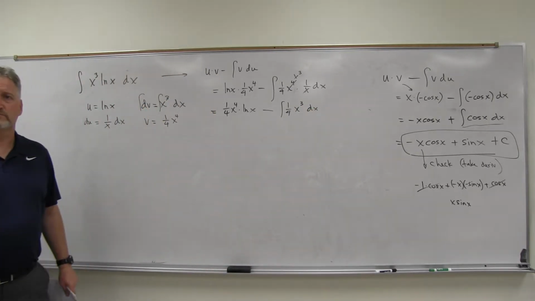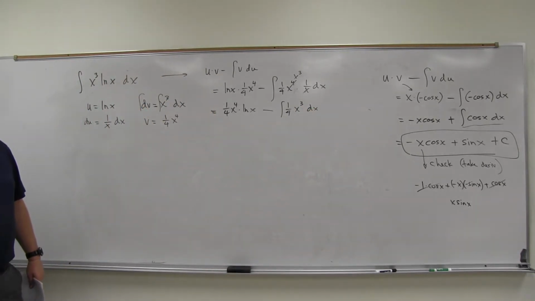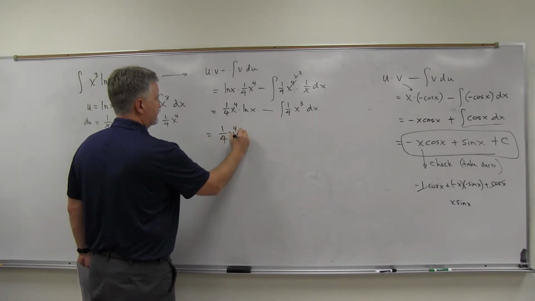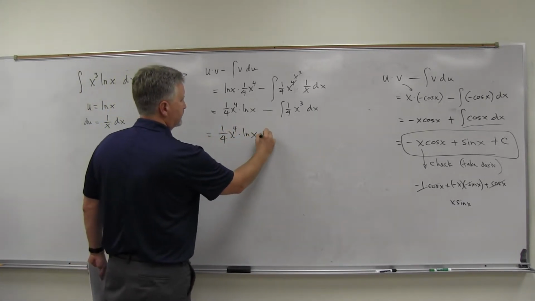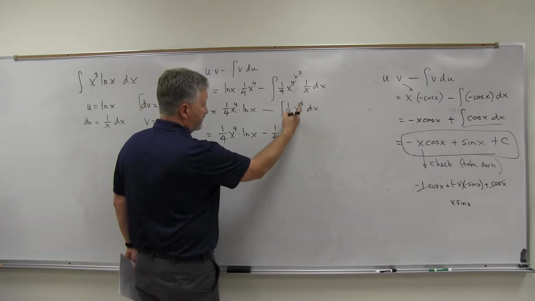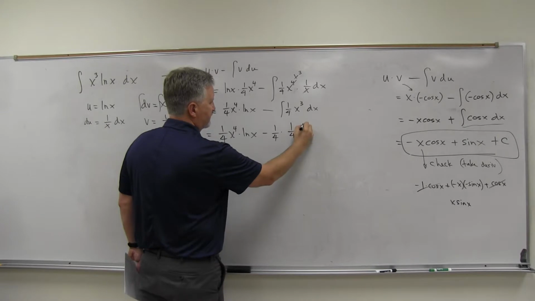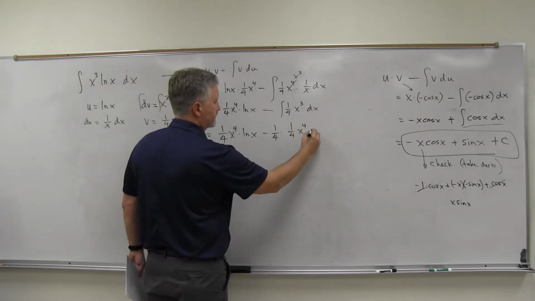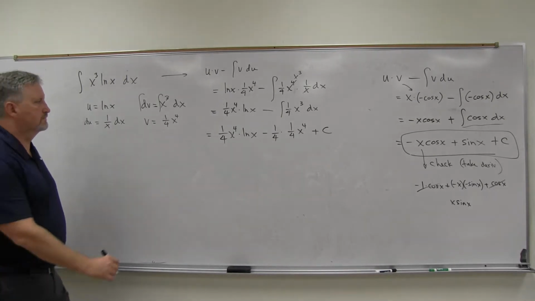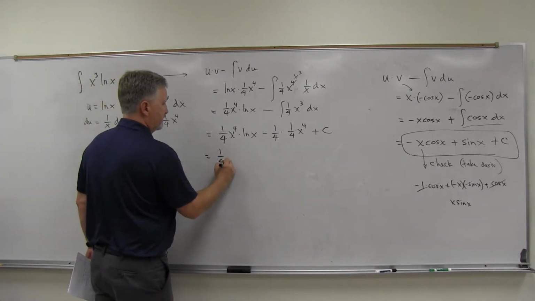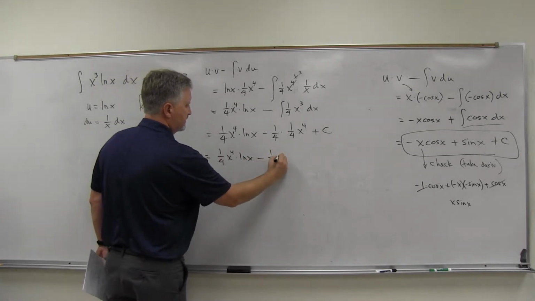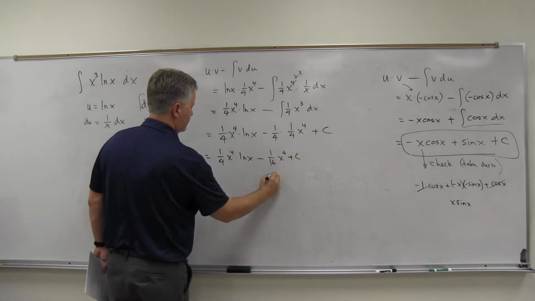That's just a power rule. So you have 1/4, but it's going to be another 1/4 x to the 4th, isn't it? So 1/4 x to the 4th ln of x minus 1/16 x to the 4th plus c.